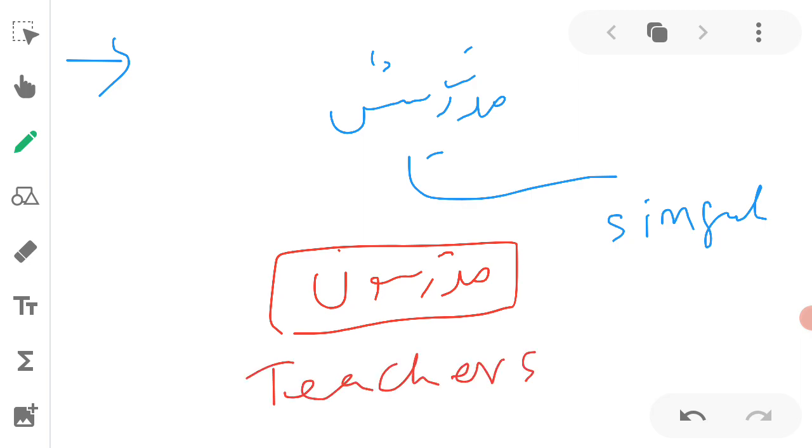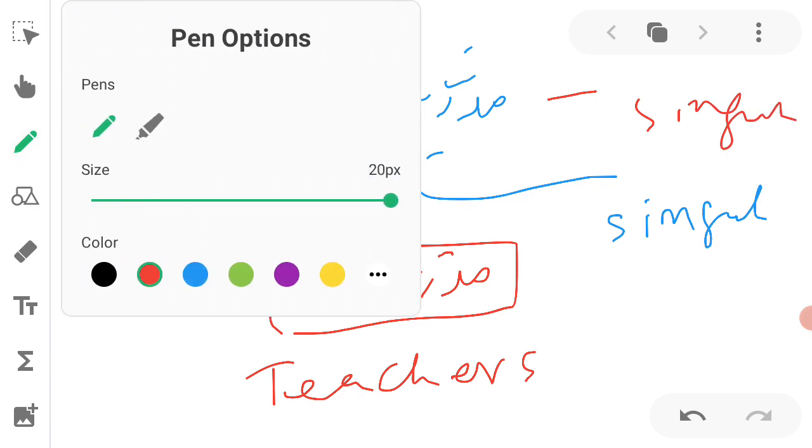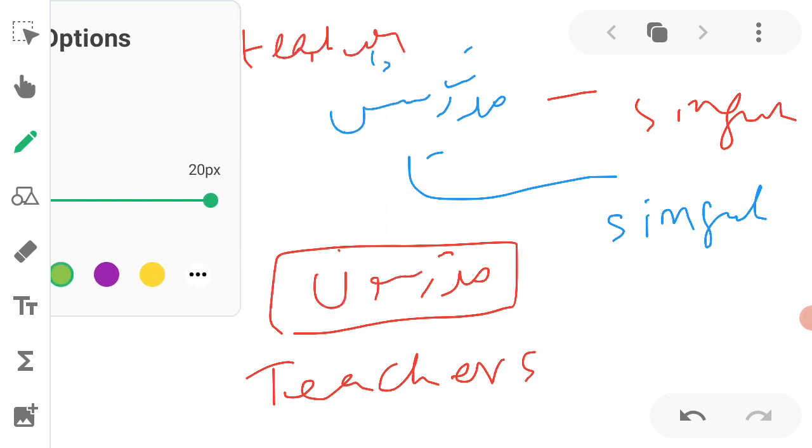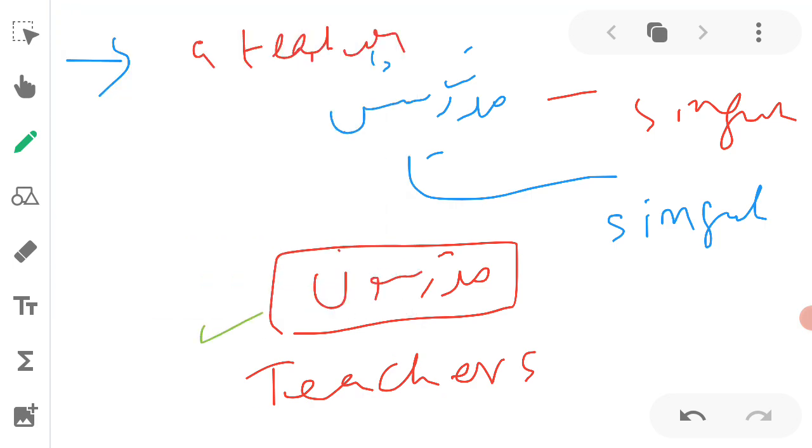Mudarris means a teacher. So that's a singular. Let's see whether they fulfill all the three conditions. So obviously mudarrisun applies to more than two teachers, because in Arabic language there is a specific word for two, which we call tathniya. So the first one is fulfilled, so it is plural.